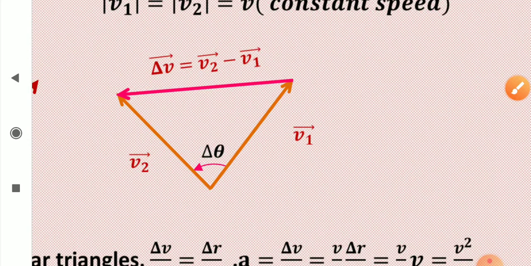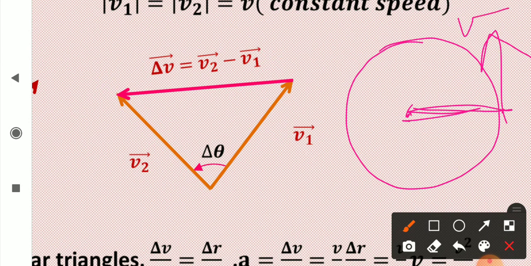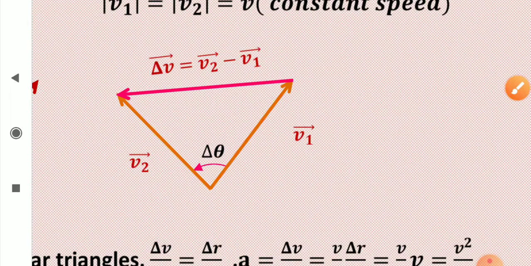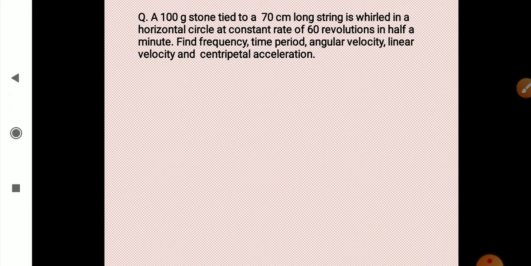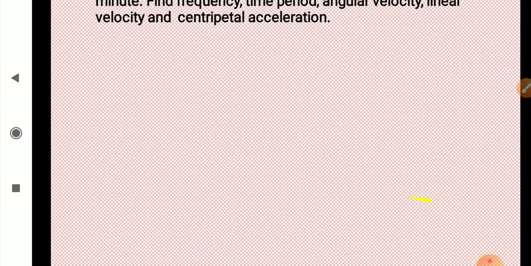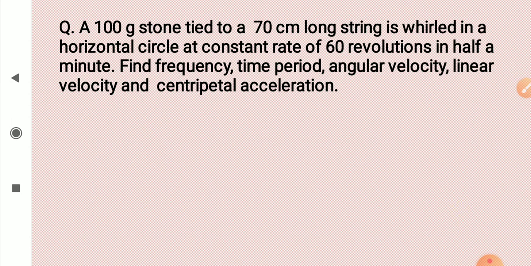So that means if I have this circular motion, then the velocity is along this direction, tangential, but acceleration is towards the center. And it is called centripetal acceleration. Very important derivation. And now let us take a numerical problem where we are going to use all these formulae.